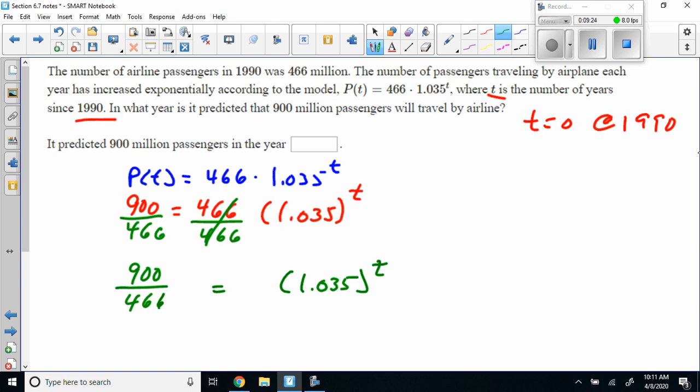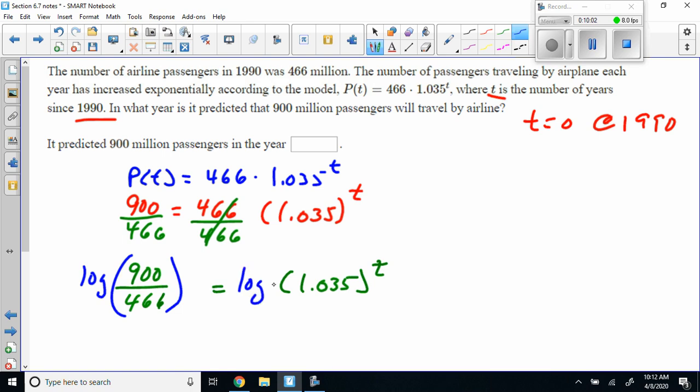Now, if it's an exponential with an E, then we do the natural log to both sides. But if it's just a plain exponential with a base other than E, and 1.035 is the base, then what we have learned is we can take the log of both sides. We'll take the log, because we can't get 900 over 46 to be the same base as 1.035, so we could set their exponents equal to one another.